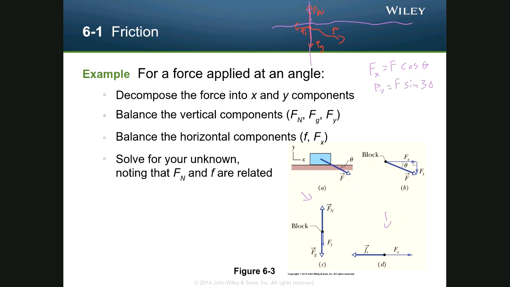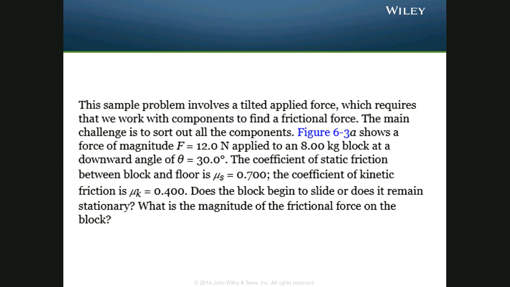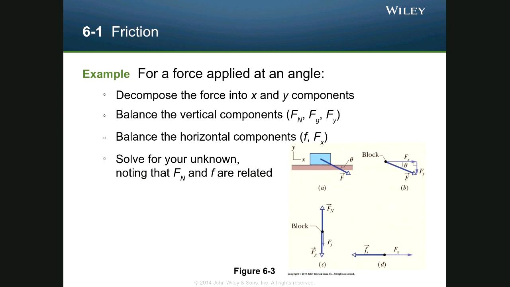It's no big deal. Now, what I want to do is go back and see what's known and what's unknown. So we know F, we know M, we know theta, and we know the coefficients of friction. So 12, 8, 30. I'm going to try and memorize those. So we know that the magnitude of F is 12 newtons.